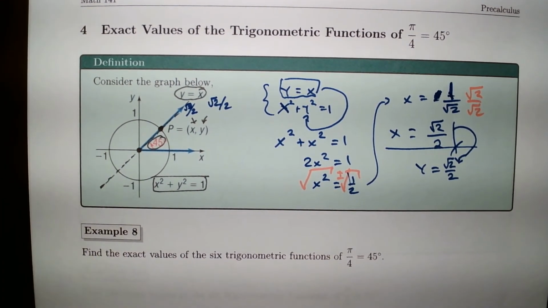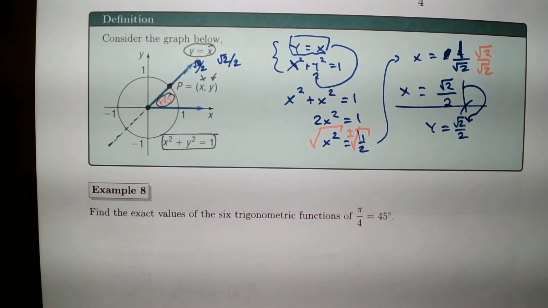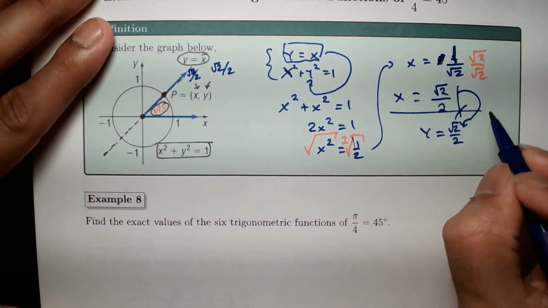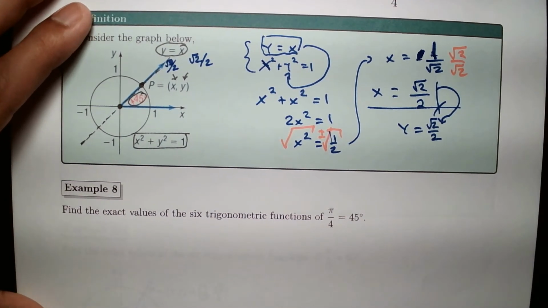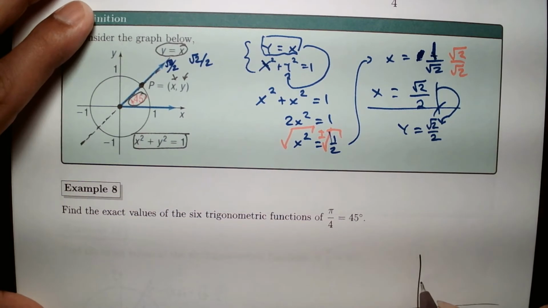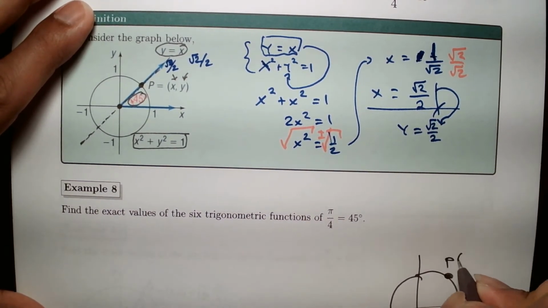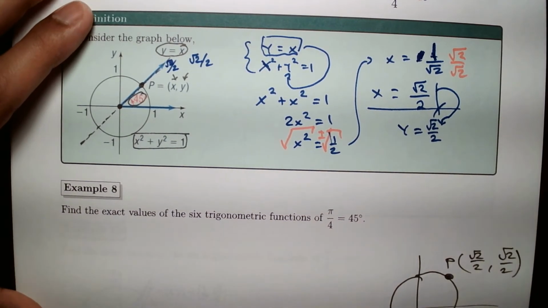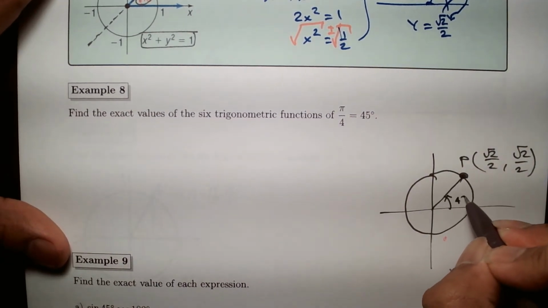All right. So let's find the exact values of the 6 trigonometric functions of 45 degrees. Well, again, let me write them down in a different color using a unit circle here. Okay, so this is the point square root of 2 over 2, comma, square root of 2 over 2. That's for 45 degrees.